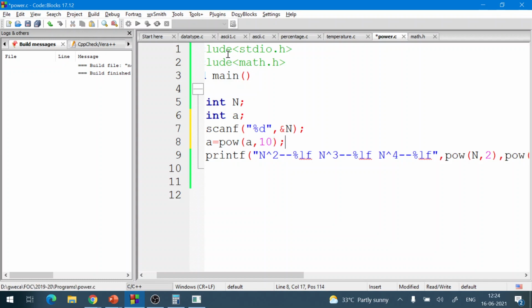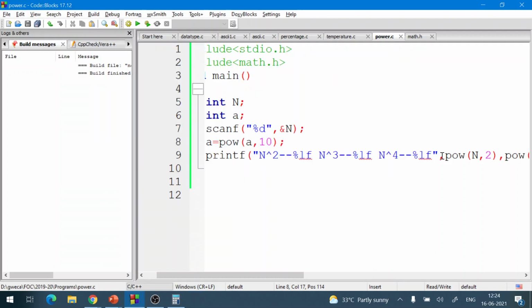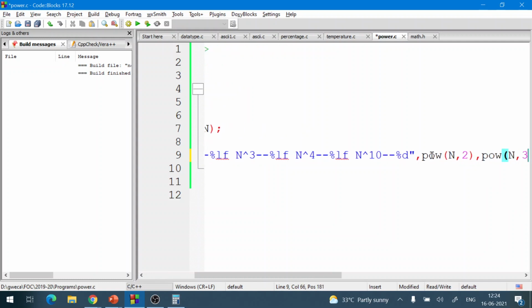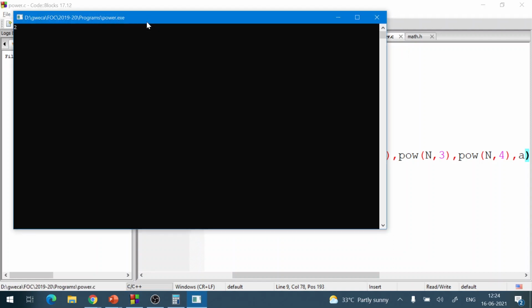Now if I run it, no, I have to print it also. Let us print n raised to power 10 as percent d, and I will take it as a. Now let us see whether it gives the right answer or not. I am printing power of 2.